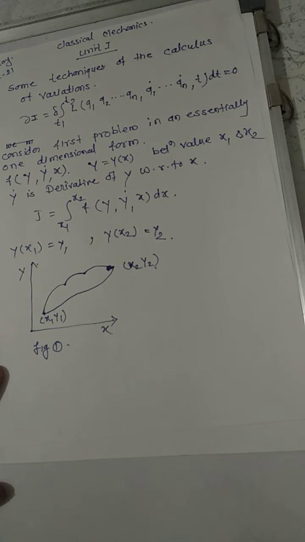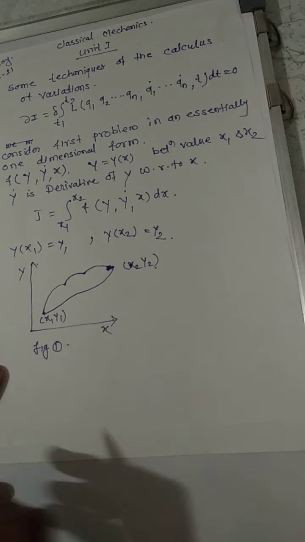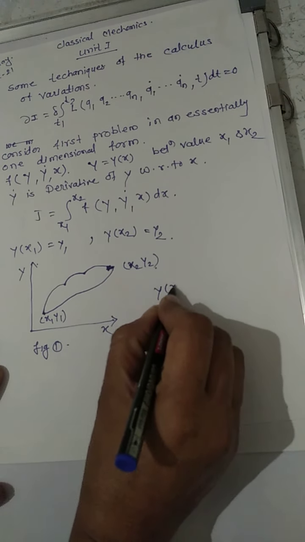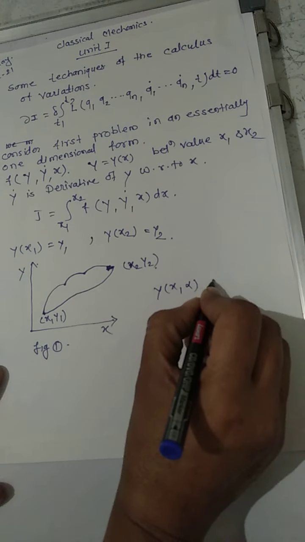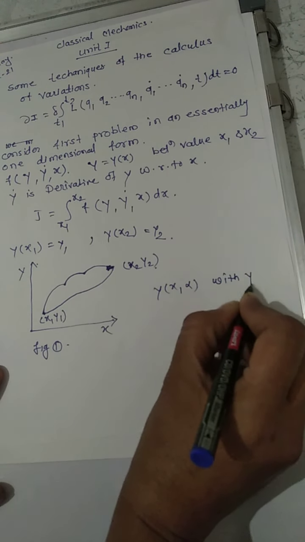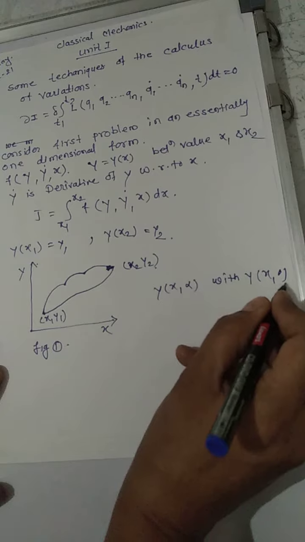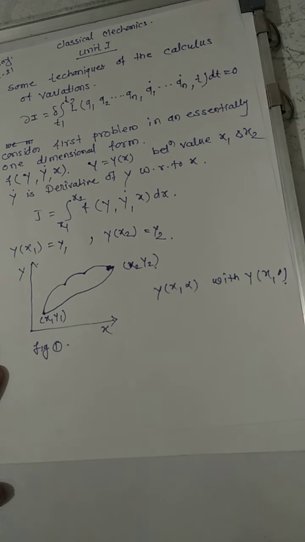Such a set of paths might be denoted by y of x, alpha, with y of x, 0 representing the correct path.